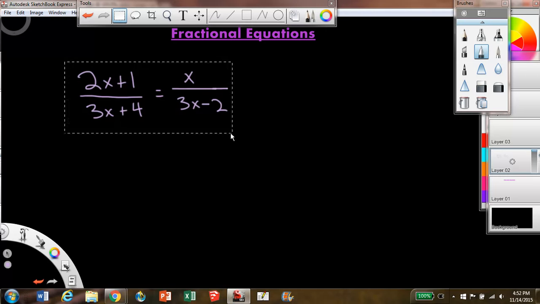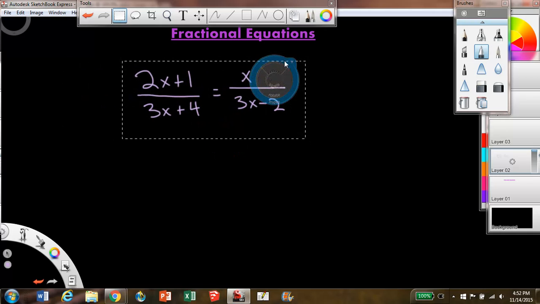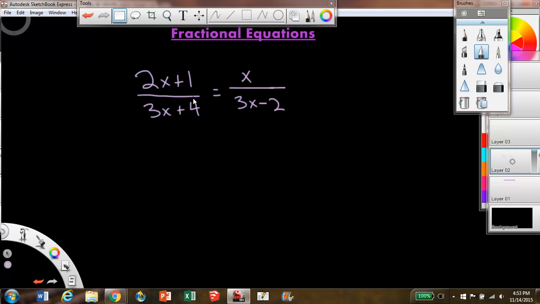And the way we do that is by multiplying by the least common multiple of these two denominators. Now, these two denominators are kind of like factors all to themselves. So what we're going to do is multiply by (3x + 4) times (3x - 2).